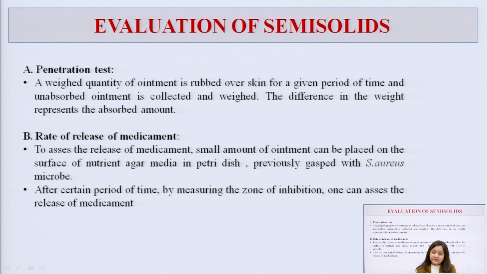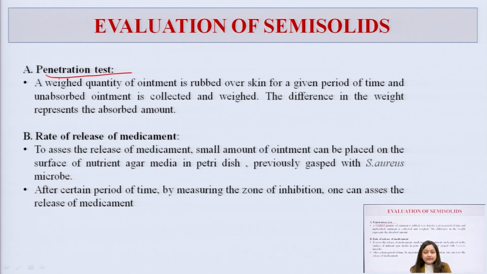The very first test is the penetration test. Penetration means the transportation or moving of a substance from the area of application to the area where it is desired to penetrate. The penetration test is done to understand how much of our ointment penetrates the area onto which it is applied.